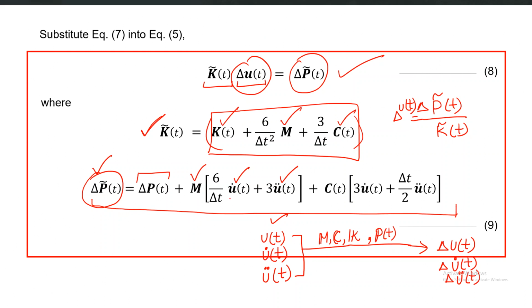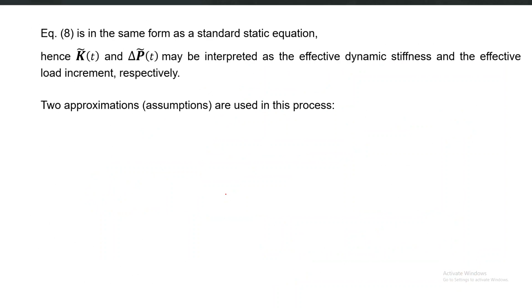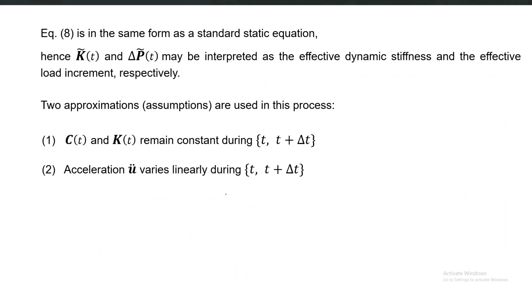And then from initial conditions you calculate the increment, you add them to the previous values and keep on repeating this calculation for all time instants. Finally we get the complete u of t vector, complete u dot and u double dot of t vectors. If I summarize that in a flowchart process, I will just explain in a couple of minutes.